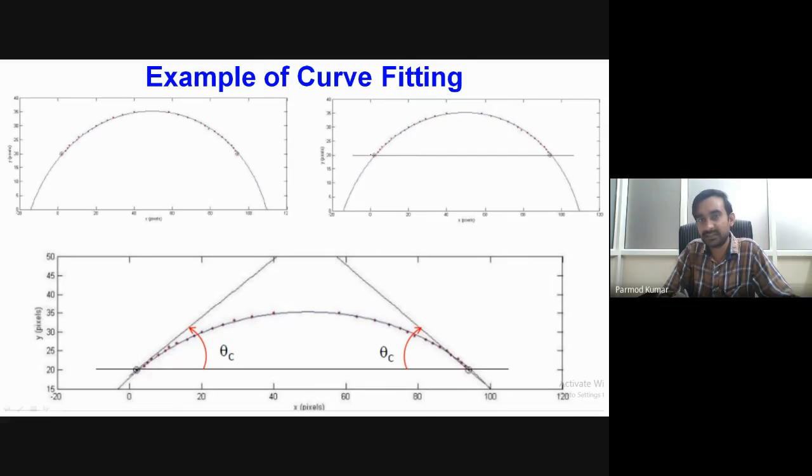Okay, once this type of profile is obtained from the curve fitting, then we can take the tangents. With the help of this curve equation, we can find the equation of the tangents at the contact point, on the left side as well as on the right side, and with the help of these tangents we can measure the value of the contact angle.